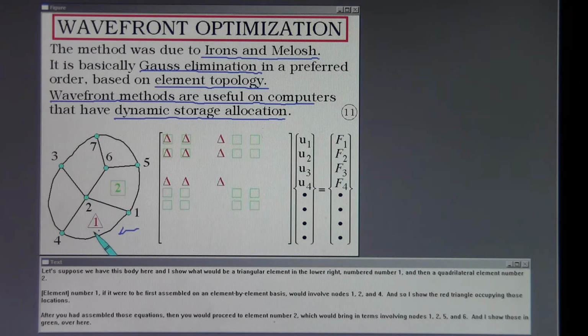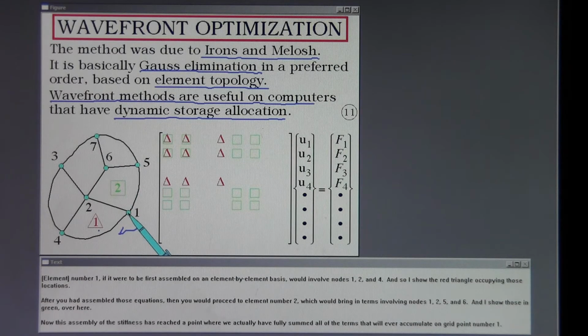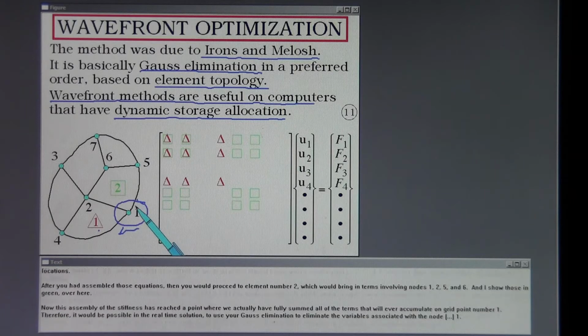After you had assembled those equations, then you would proceed to element number 2, which would bring in terms involving nodes 1, 2, 5, and 6. And I show those in green over here. Now, this assembly of the stiffness has reached a point where we actually have fully summed all of the terms that will ever accumulate on grid point number 1.